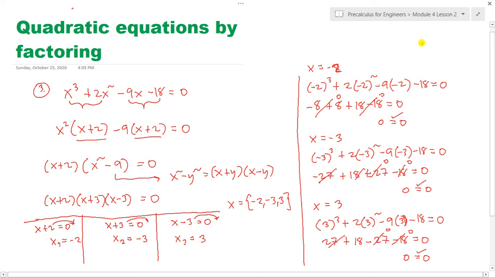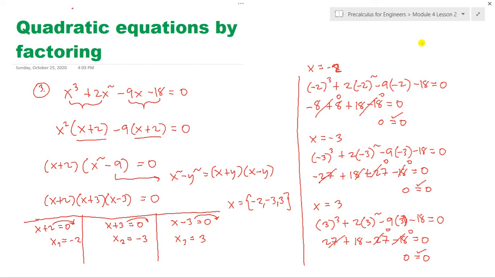So let's try the next method in solving quadratic equations. But before we move to the next method, I would like to advise you that in solving quadratic equations by factoring, you need to have strong knowledge in factoring quadratic expressions. Use that knowledge in order to solve for the roots.